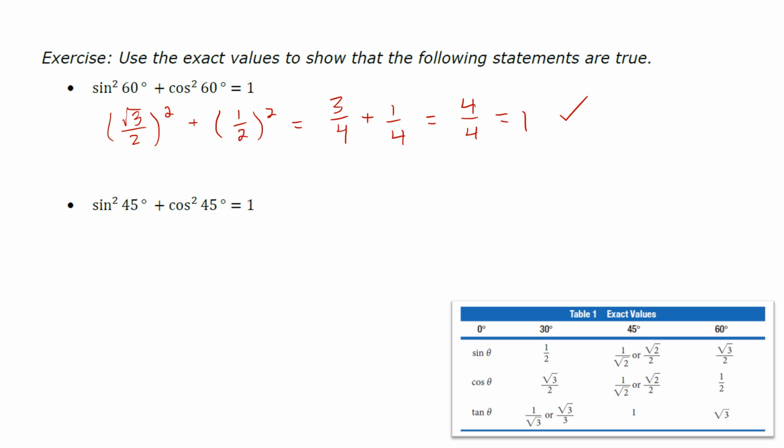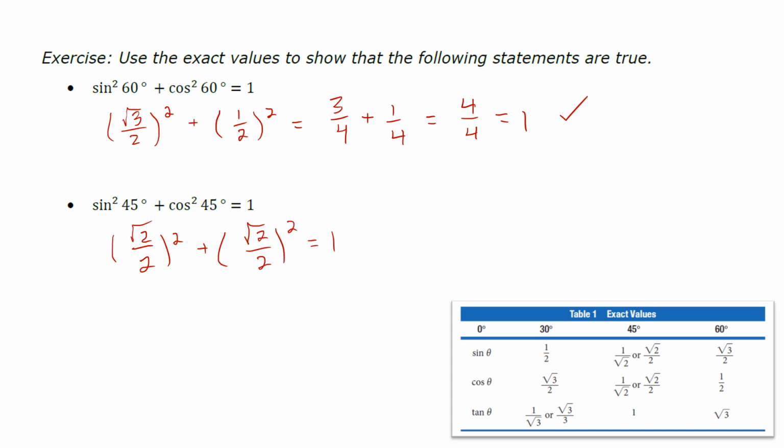Our next one, sine squared 45 degrees plus cosine squared 45 degrees equals 1. So the sine of 45 degrees is the square root 2 over 2, and the cosine of 45 degrees is also square root 2 over 2.